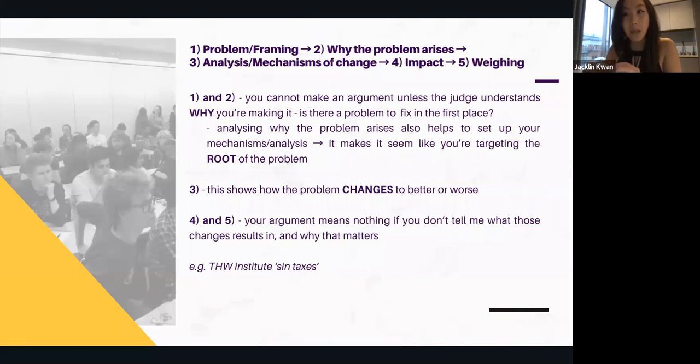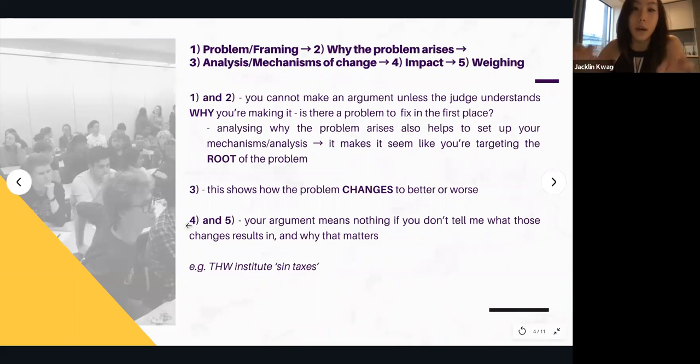And so it makes it seem like your argumentation is all really targeted to the roots of the problem you just characterized. By doing that, your analysis seems super watertight to the judge. And it seems super unique and like the definitive delta in the debate. It's the necessary thing in order to solve the problem, and no other solution is going to be satisfactory because you show how that motion targets the very root problems.